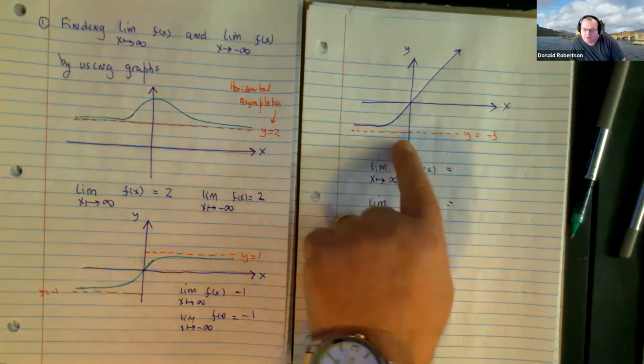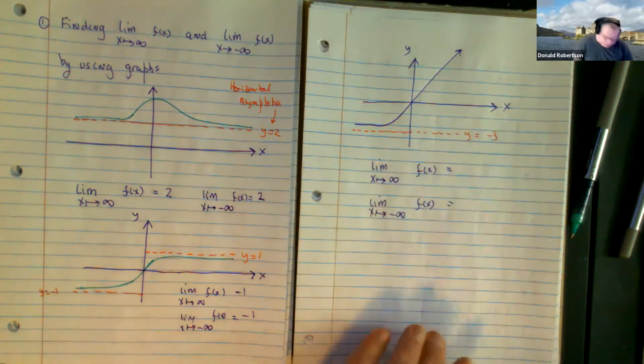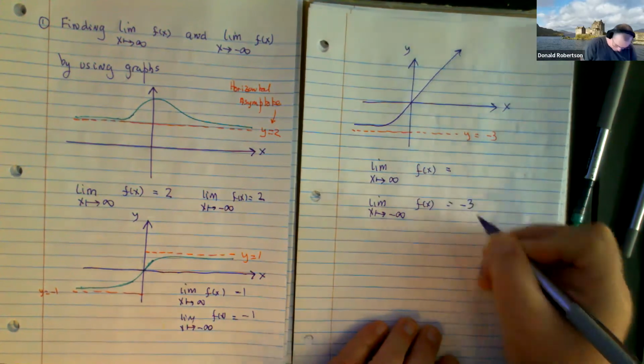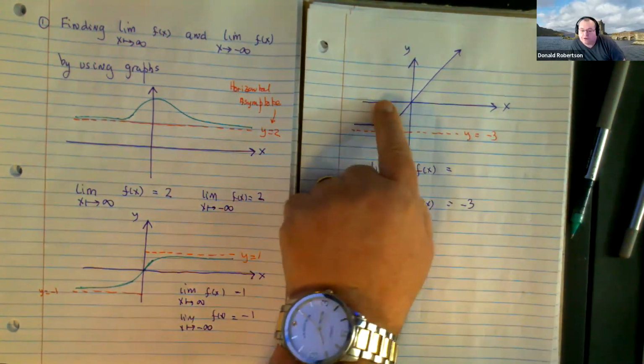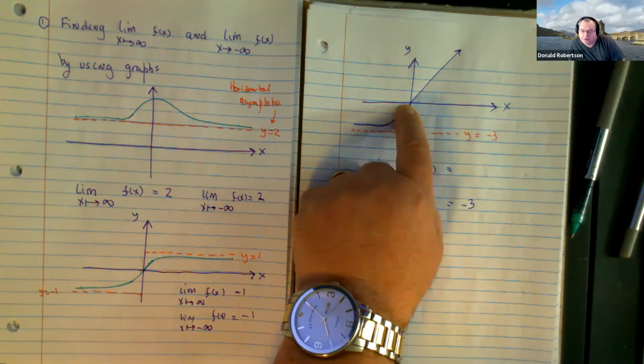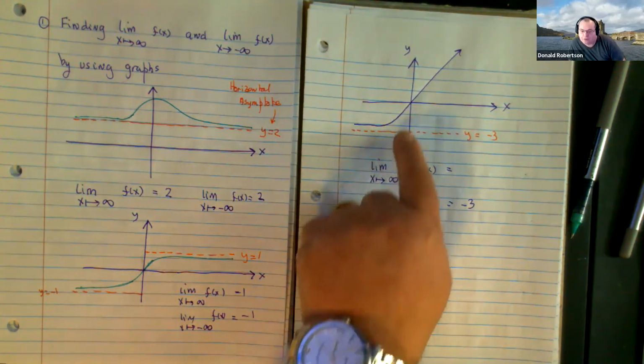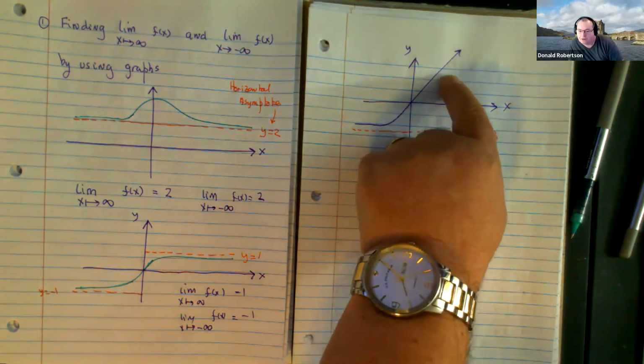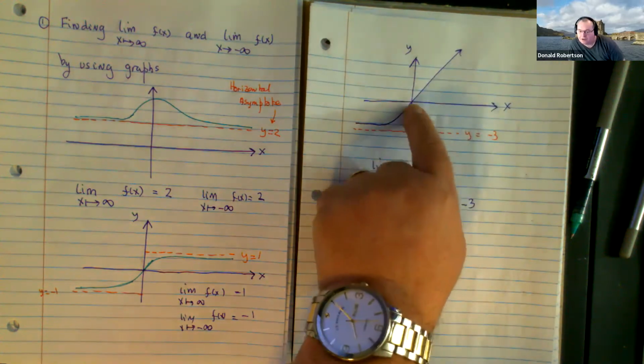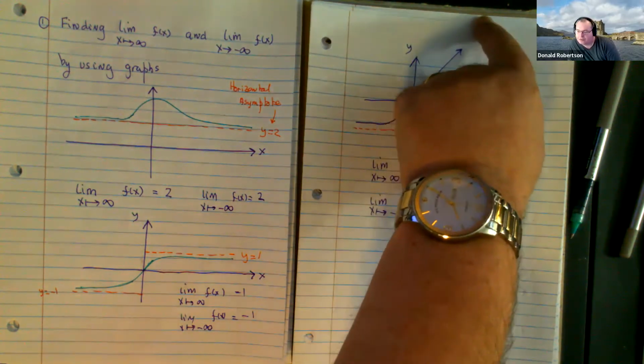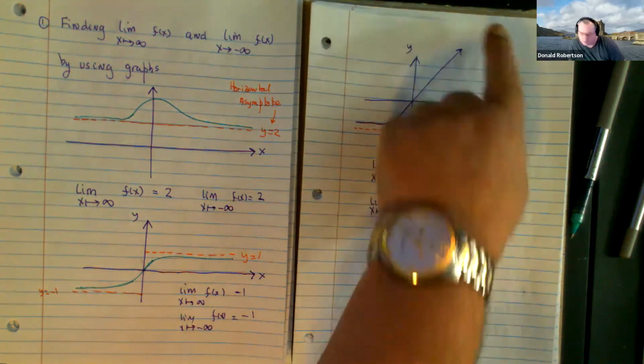And can you see it's leveling off at the horizontal asymptote -3? What is happening to the limit as x goes to positive infinity? So you're going this way. Essentially, can you see that's climbing upwards forever, right?